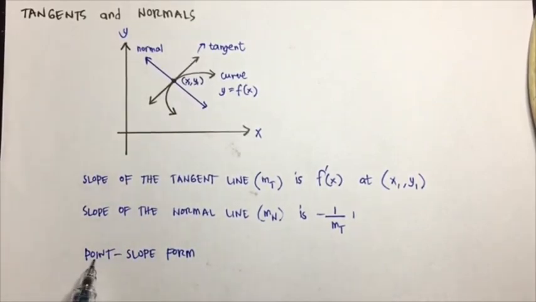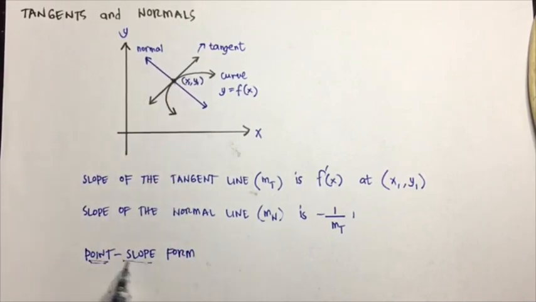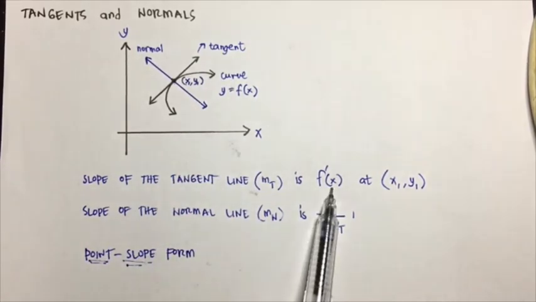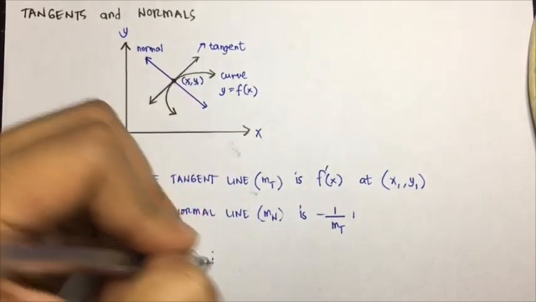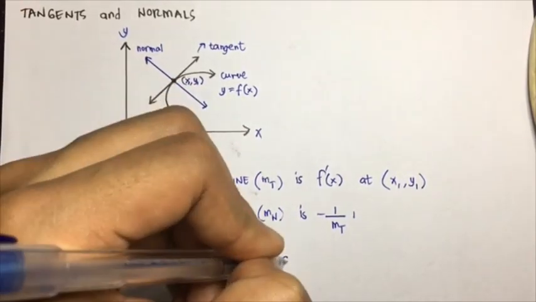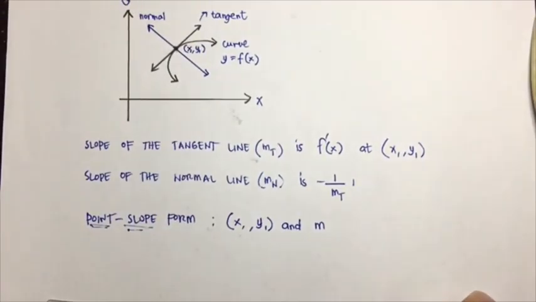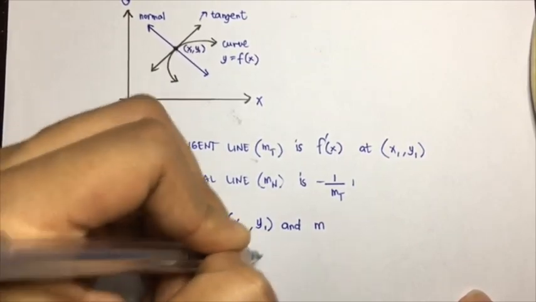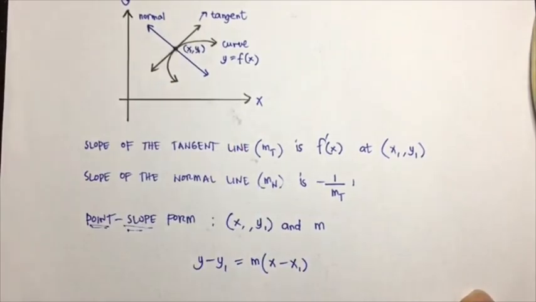Meaning we are given a point, obviously the point of tangency, and the slope of the tangent line, which can be obtained from the derivative. So we are given the point x1, y1, and a slope. The point slope form is y minus y1 is equal to m times x minus x1.